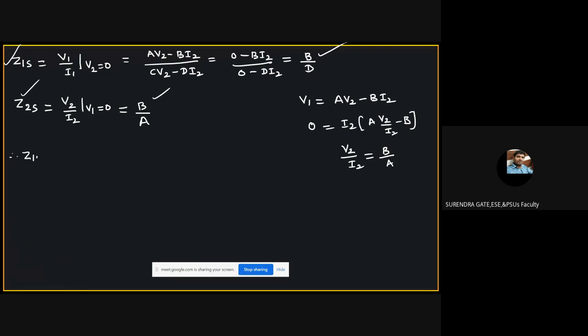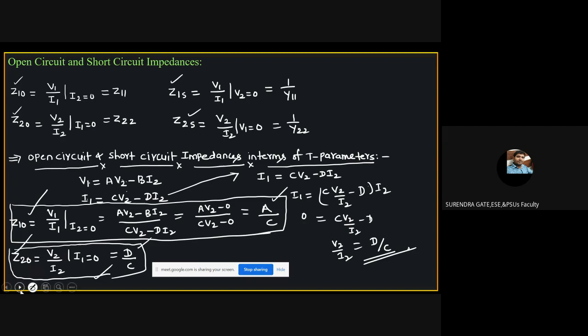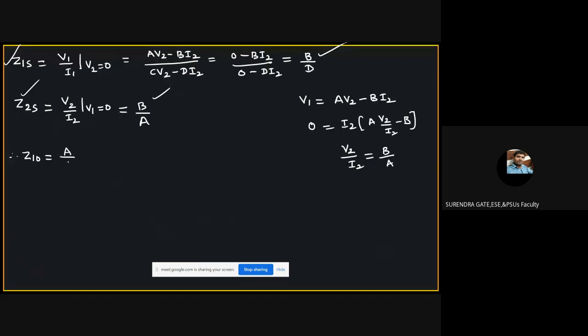Z10 equal to A by C. What is the name of Z10, students? Open circuit impedance at port 1. Z20 equal to D by C. Z1S equal to B by D. Z2S equal to B by A.